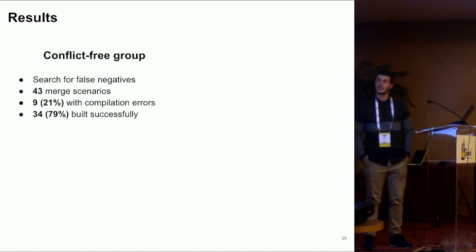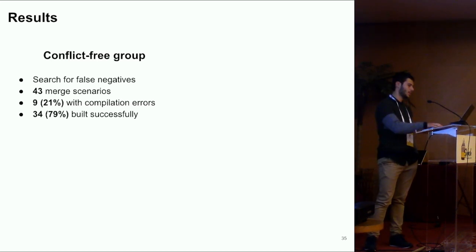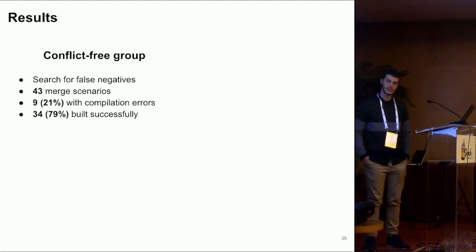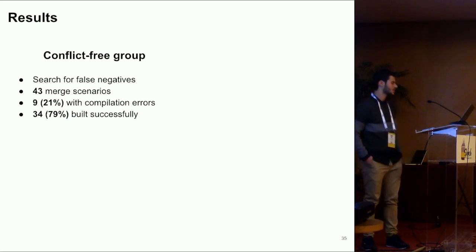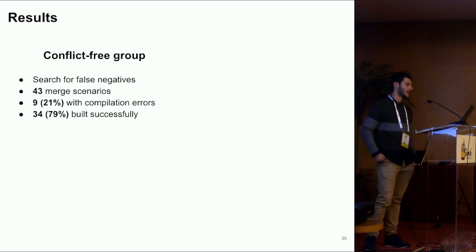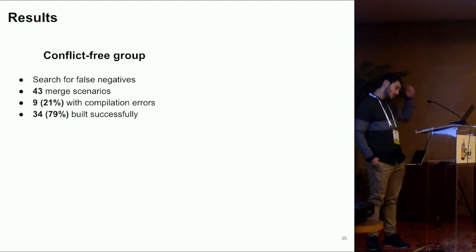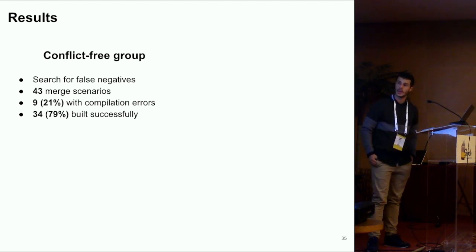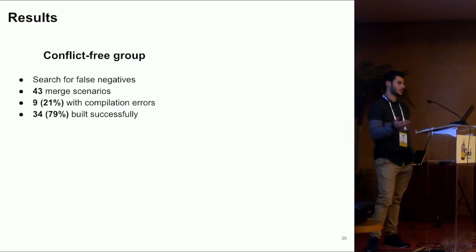We split the results in 2 groups: the conflict-free group, in which we aim to search for false negatives, with a total of 43 merge scenarios, of which 34 built successfully, but 9 of them had compilation errors. That happened because in one of the versions, the left or the right, we had transformations in members that are covered by Jade, but we also had some other changes that are not covered by Jade.